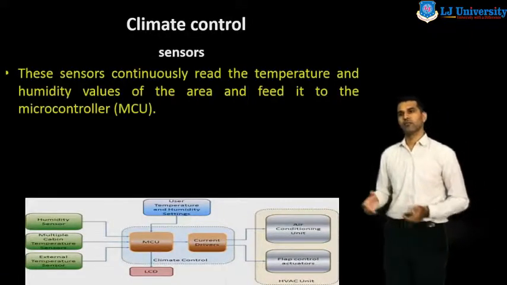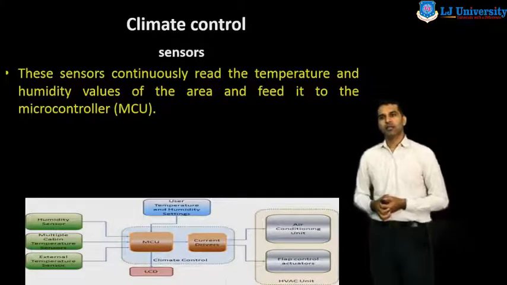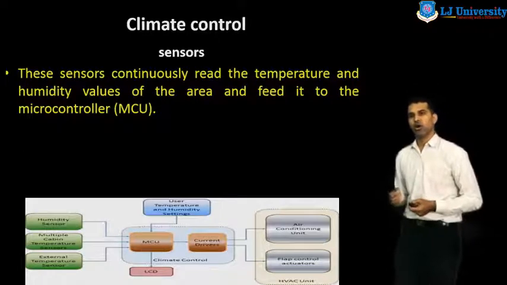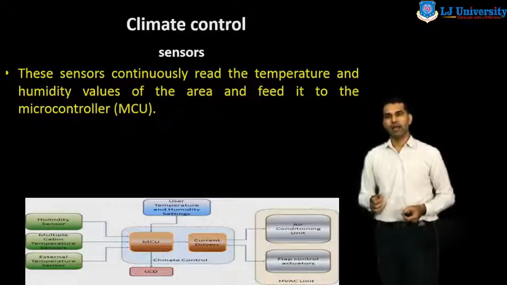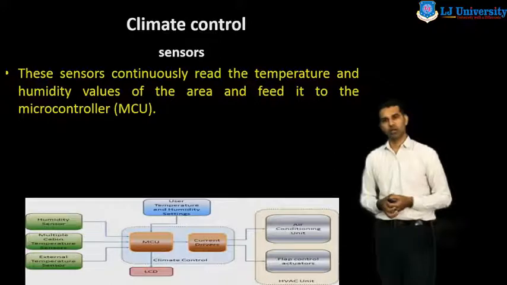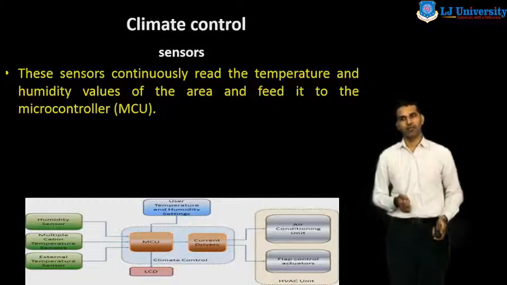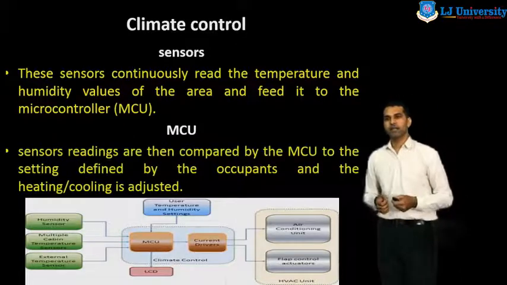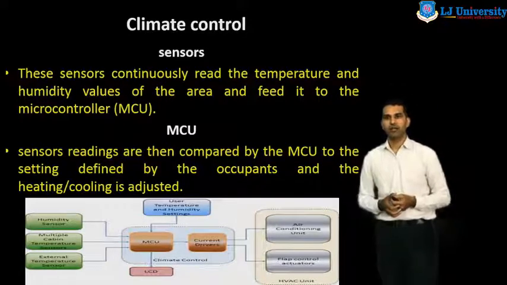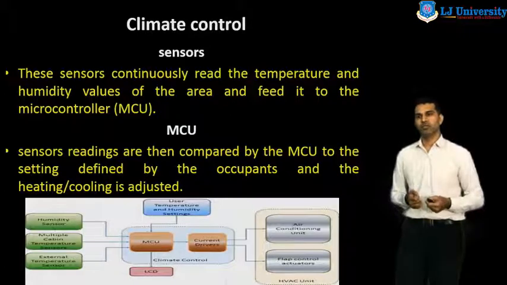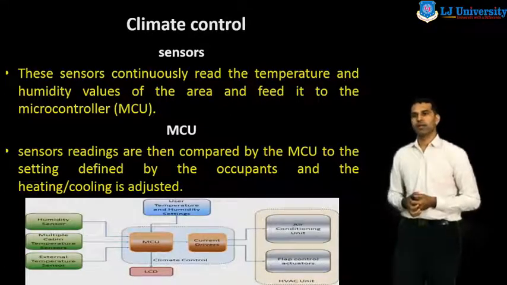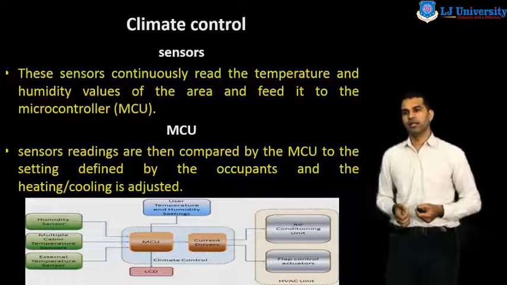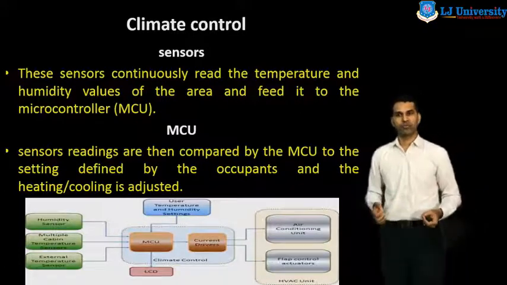Now the sensor. This sensor continuously reads the temperature and humidity value of the area and feeds it to the microcontroller, that means the MCU. The sensor readings are then compared by the MCU to the setting defined by the occupant, and the heating and cooling is adjusted.